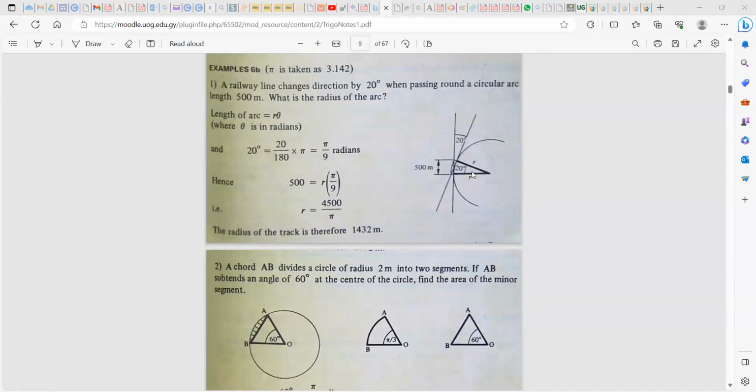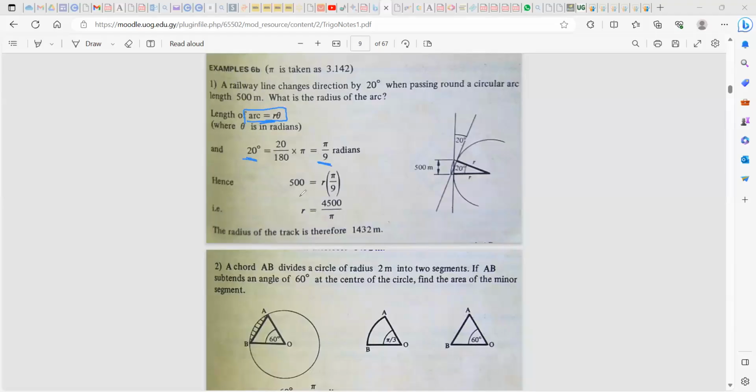And I wanted to find what's the radius of the arc, right? So we make use of the arc length formula. I think I can annotate on this diagram. We're using the arc length formula here, right? Of course, you convert that 20 degrees to radians because you're working with a formula that applies to radians only, right?